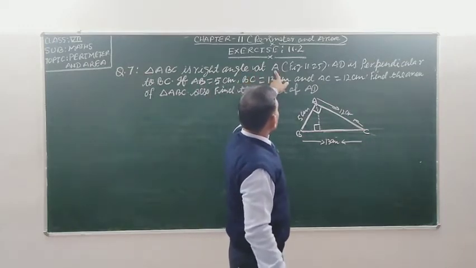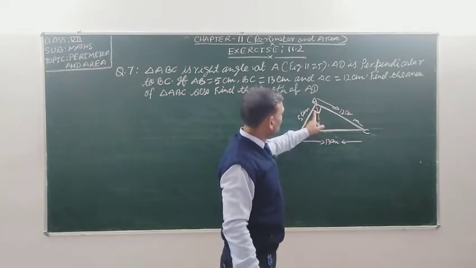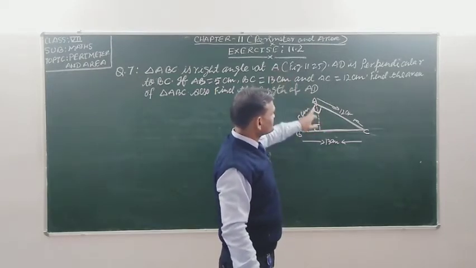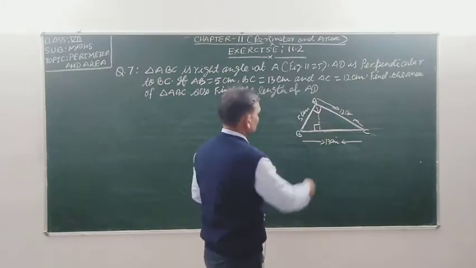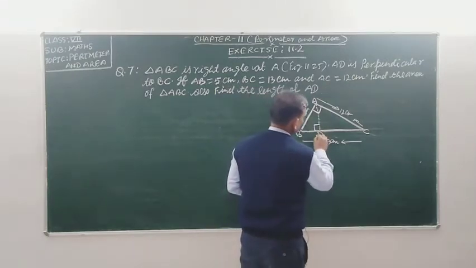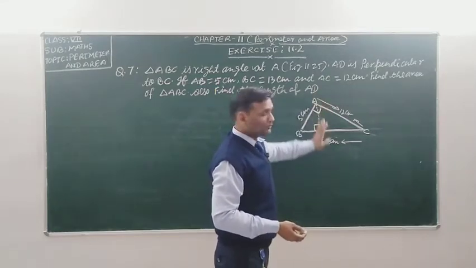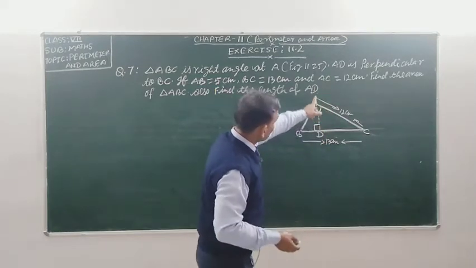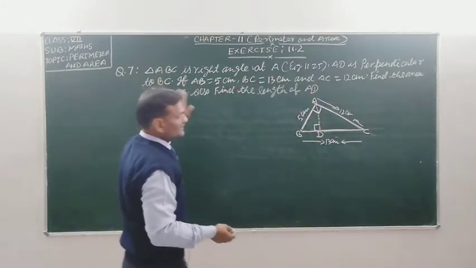At the point A, the angle is a right angle. AD is perpendicular. This is the AD line. I am drawing a perpendicular line from point A. The question is saying AD is perpendicular to BC.